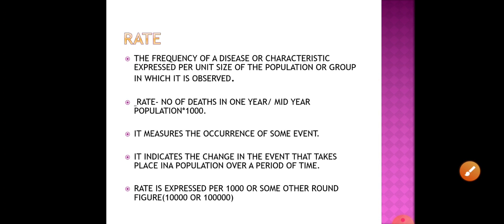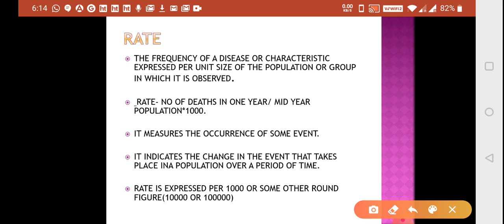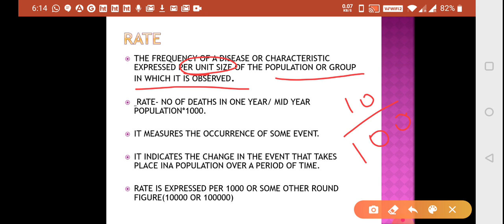So we are starting with the rate, and rate is basically the frequency of a disease or a characteristic that is expressed per unit size of the population or group in which it is observed. So per unit, say for example, if you have 10 people who are diseased and there are in total 100 people, the answer would come 1:10.